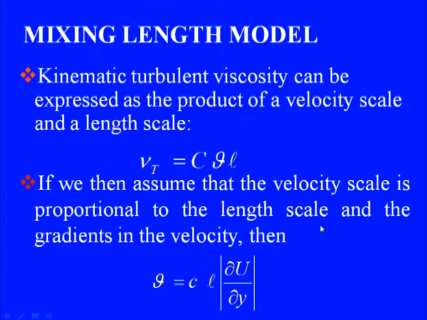Based on this observation, we can express the velocity scale in terms of the length scale and the velocity gradient. Let us say we are dealing with a planar flow, so we can say del u over del y, where u is the flow velocity in the x direction, and y is the coordinate perpendicular to that.